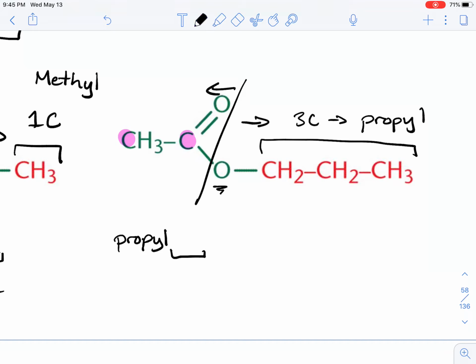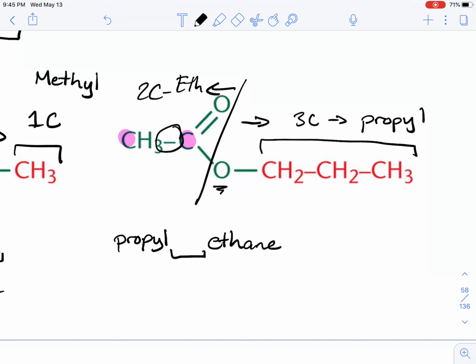And so since this is a 2-carbon compound, I know that the 2-carbon compound is going to give me eth as my prefix. And so I'm going to put eth. Notice that the bond between them is a single bond, so this is ethane.